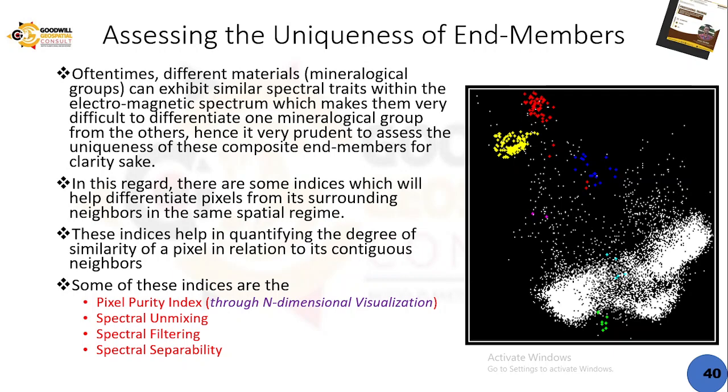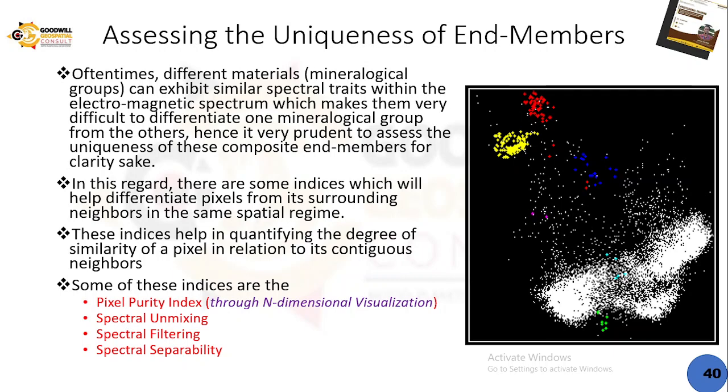So you have to find a mechanism of identifying how unique a spectral signature or spectral signatures are from their counterparts. So that's all what it means. So in a contiguous space, due to the closeness, certain features can exhibit the property of other features. It depends on how close they are.